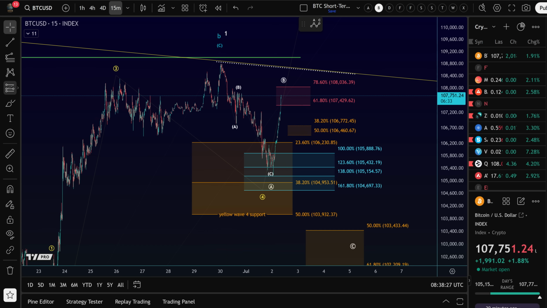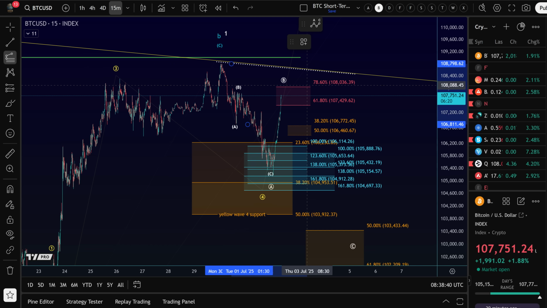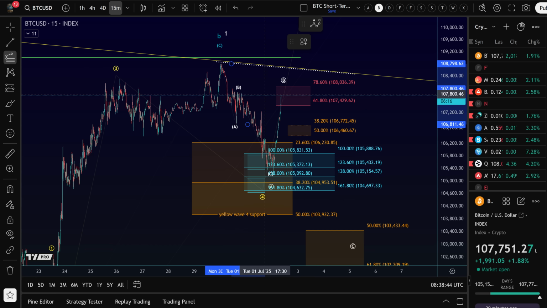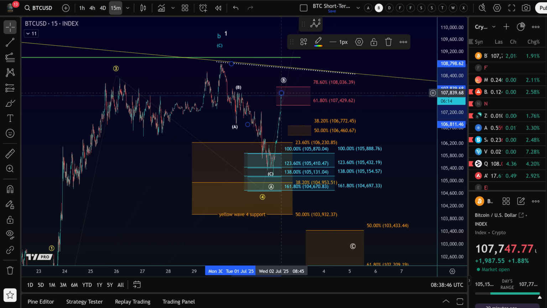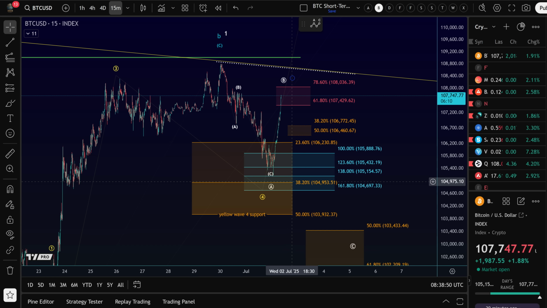So from this top, it's always the length of the A wave. That's why it wasn't labeled. Getting confused here. No, it was measuring the length of the A wave, going to the high of the B wave, where the B wave actually topped here on the 30th. And then you get to these Fibonacci extensions. The 100% extension to the 161.8 extension is a very common target for a C wave.